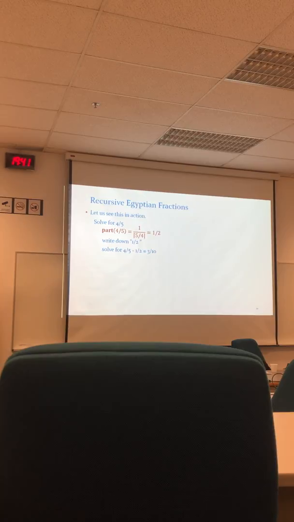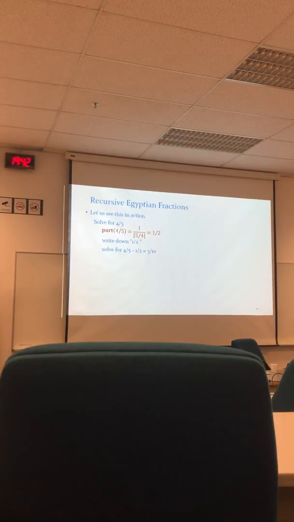So next step, we will find the Egyptian fraction for this fraction. Okay? So this is smaller. Every step we get closer and closer until we reach 0, right? So here you can see 3 upon 10 certainly is smaller than 4 upon 5. So it's a smaller problem. In other words, we solve the original problem by solving a smaller subproblem, 3 upon 10. To find the Egyptian fraction for 3 upon 10 is a smaller subproblem. In this case, the size of the problem is measured by the value, okay?